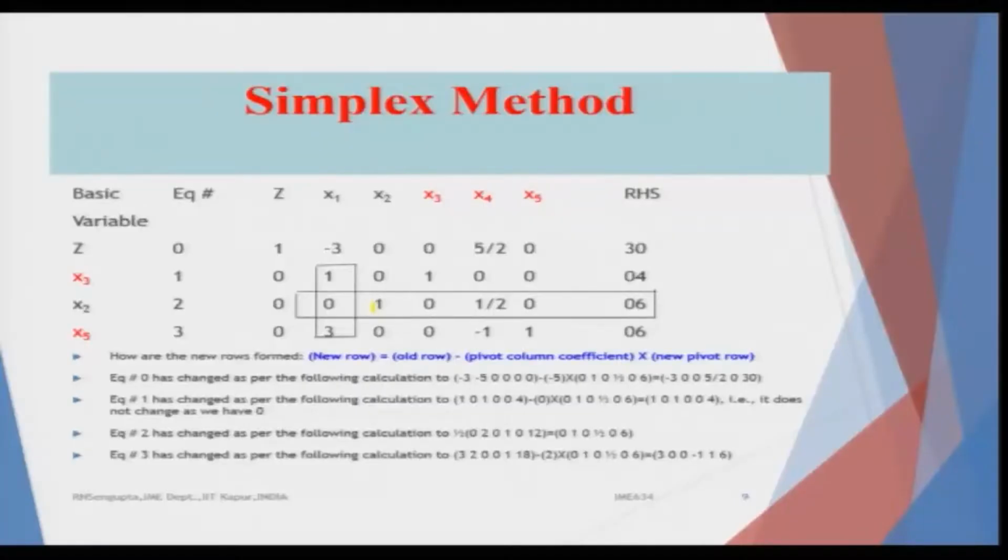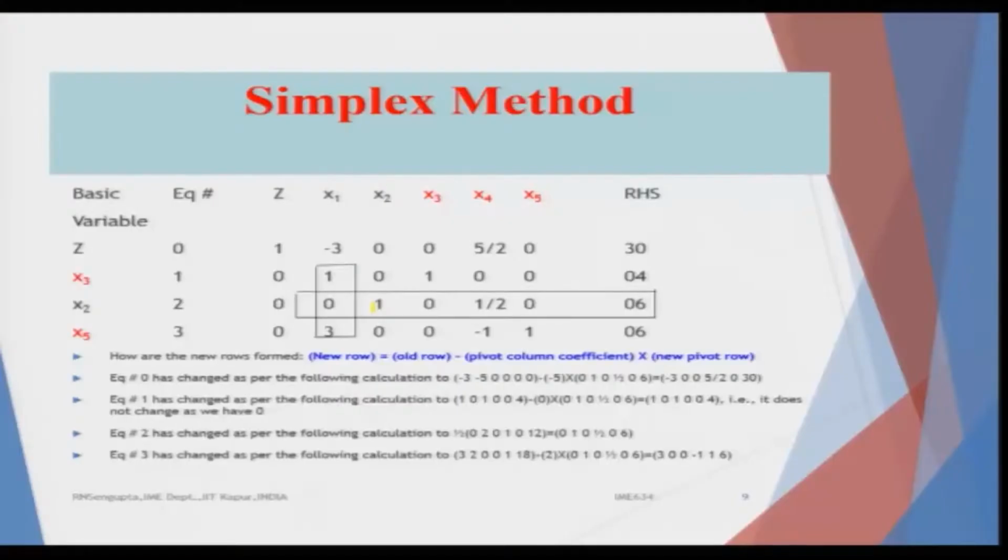So, how are the new rows formed? The new row formed would be the old row minus the pivot column coefficient times the new pivot row. The pivot element is 2, so that 2 would be utilized in that calculation such that the common element between x2 as a column and x2 as a row should be 1.